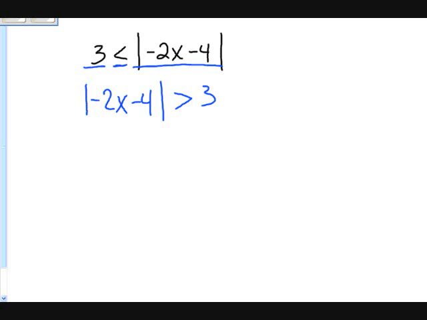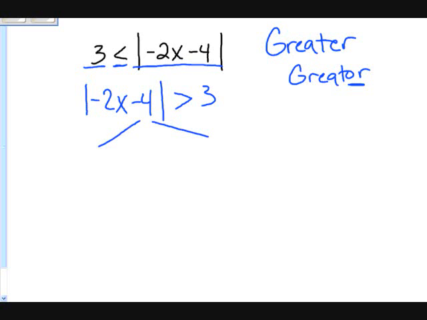So now that we've done that, we've got an absolute value with a greater than symbol. Greater than, we actually say "or." And "or" means that we can actually leave this answer apart. And so we're still going to split this just like normal.